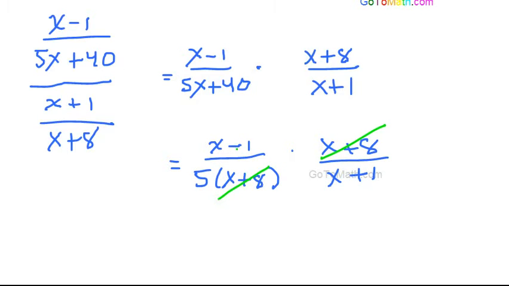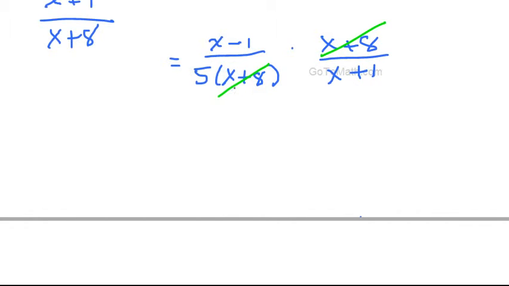And of course that's a minus and that's a plus, so can't cancel them out. And what are we left with? Well, we're going to be left with x minus 1 over, and I'm going to go ahead and distribute that 5 across, so it's going to make that a 5x plus 5. Right, x minus 1 over 5x plus 5.